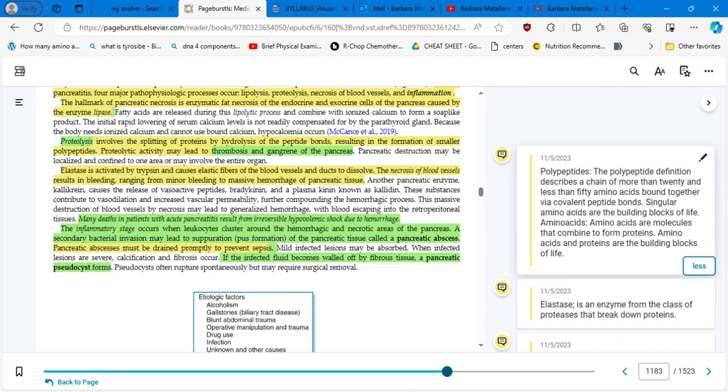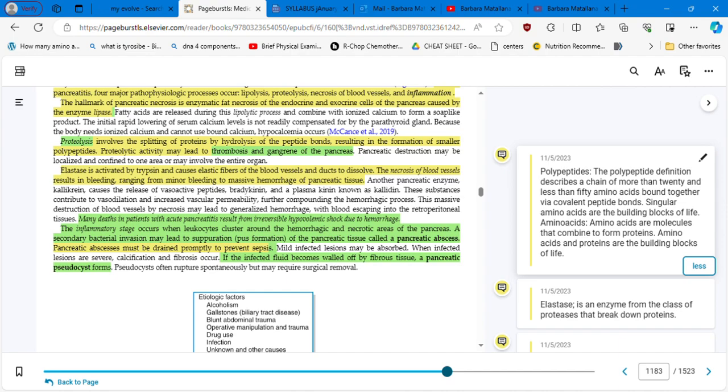Let me review the sentence so we make sense right now. So proteolysis involves the splitting of proteins, to make them small, by hydrolysis, by breaking down the water of the peptide bonds. So the proteins are going to become very small because they are going to remove the water component that keeps them together, resulting in the formation of smaller polypeptides.